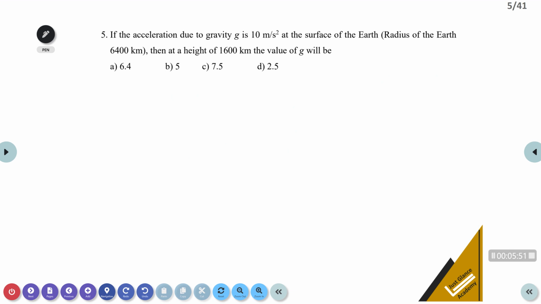Next, if the acceleration due to gravity g is 10 meter per second square at the surface of the earth, then at a height of 1600 kilometer he is asking.